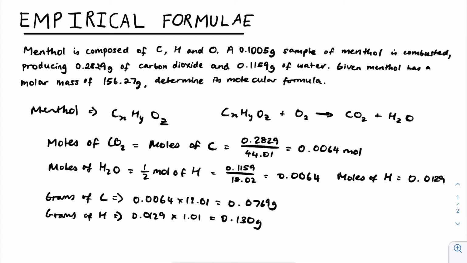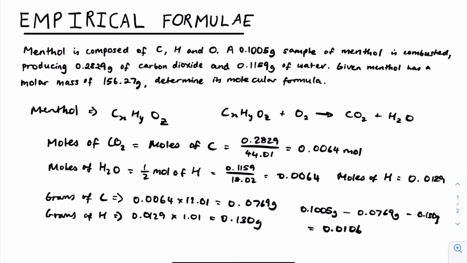0.130 grams. And now we know that the mass of the oxygen is 0.1005, which is the mass of menthol, minus 0.0769 grams, minus 0.130 grams, which is equal to, I'm just going to put this into the calculator, which is equal to 0.0106.